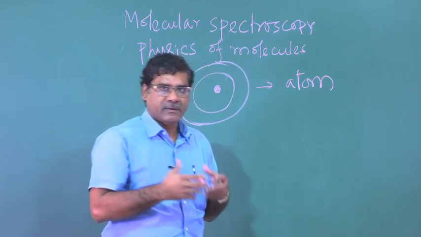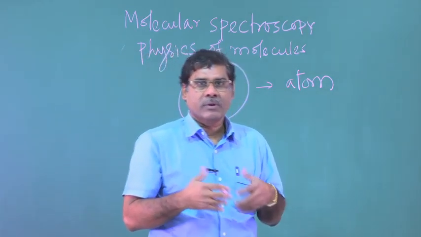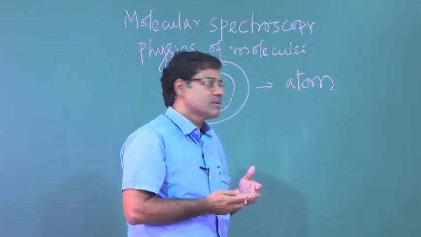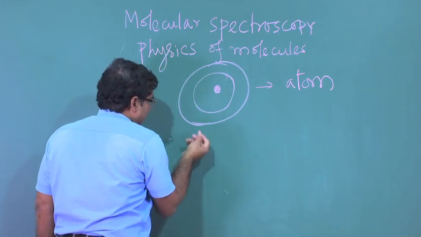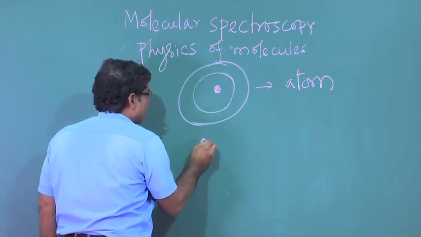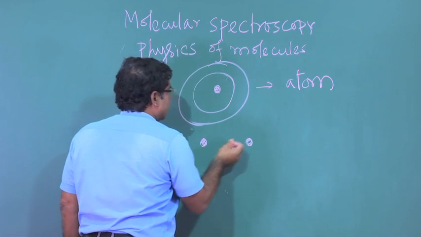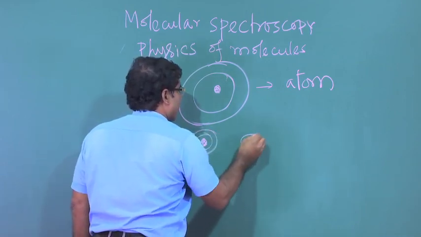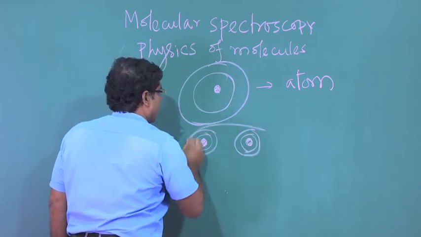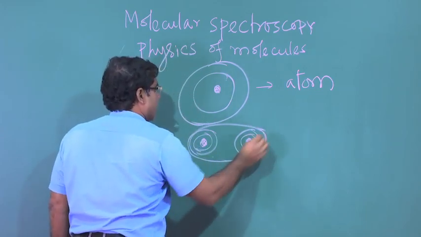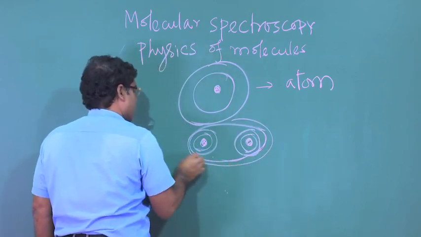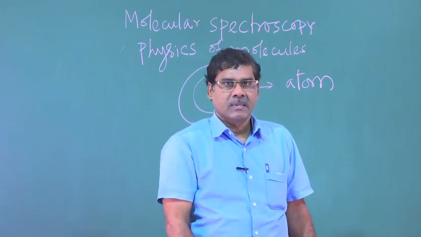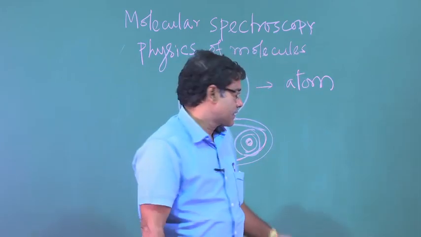When electrons are bound with more than one nucleus, then it is a molecule. For a diatomic molecule, it has basically two nuclei and electrons bound together with these two nuclei. Okay. So, then it is a molecule.